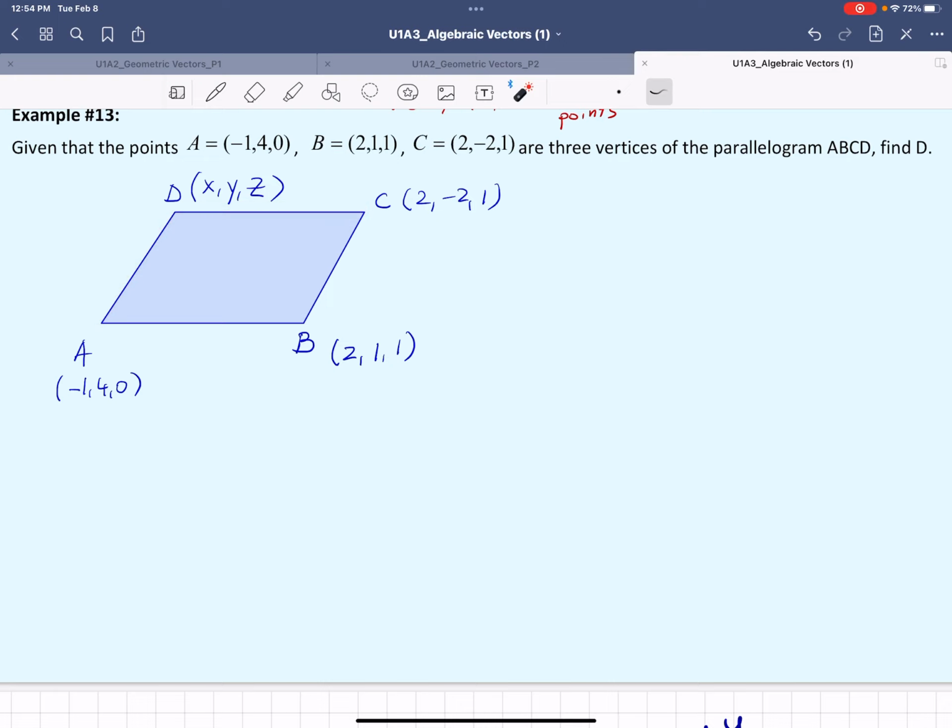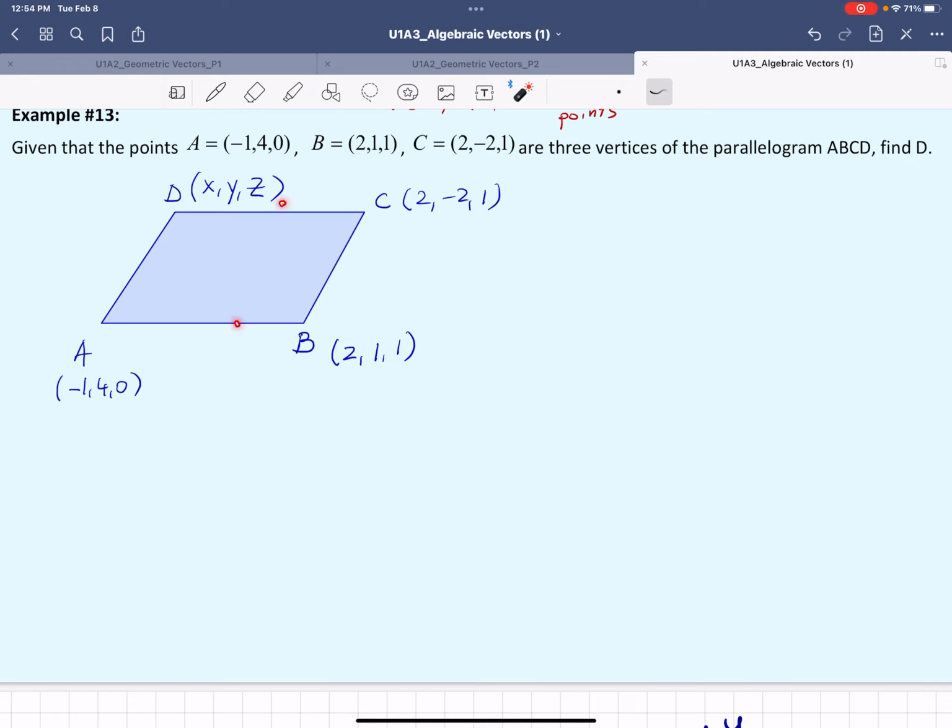Now remember that a parallelogram has two sides that are parallel to each other. So one of the ways to prove that this is a parallelogram is by finding vector DC and vector AB and proving that these two are parallel to each other.